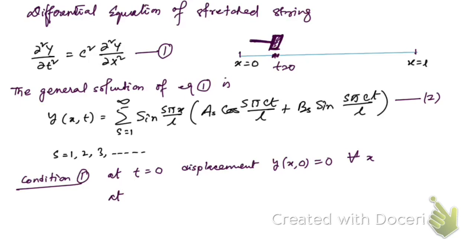So at t is equal to 0, though displacement was taken as 0, because the impact lasts for a very small time, the disturbance didn't get enough time to spread all over the length of the string during the impact.